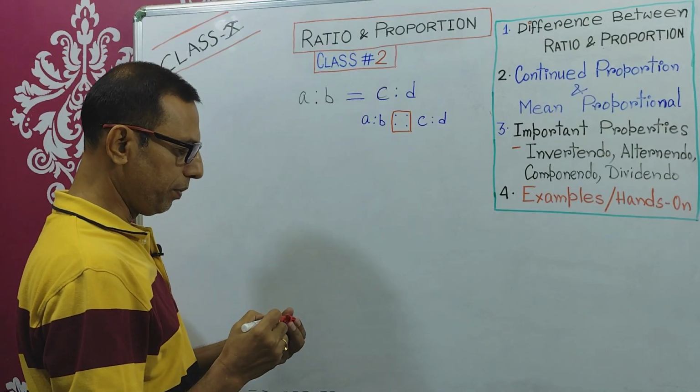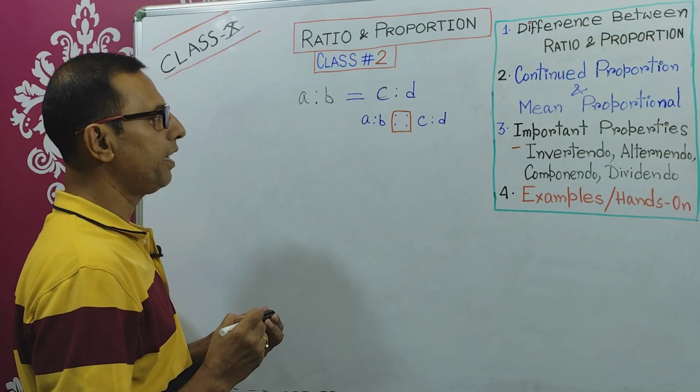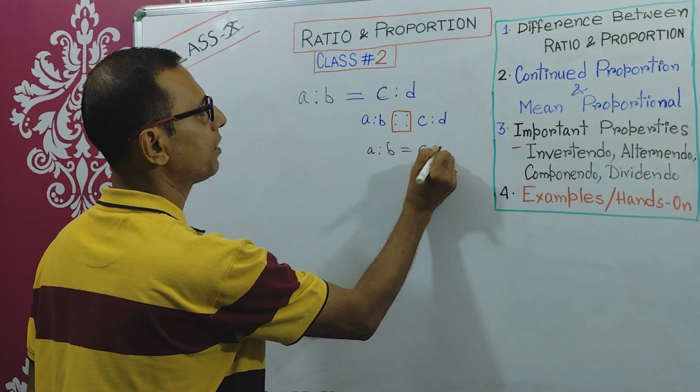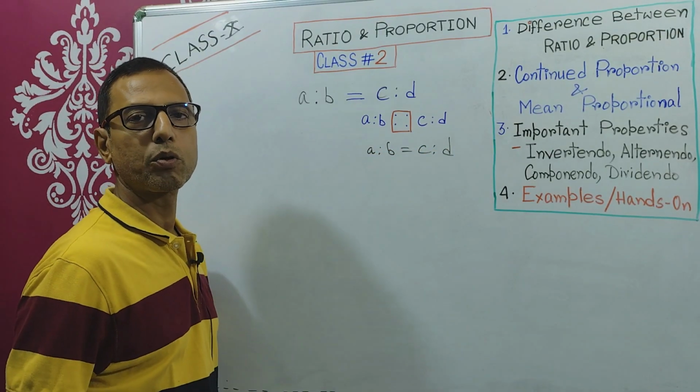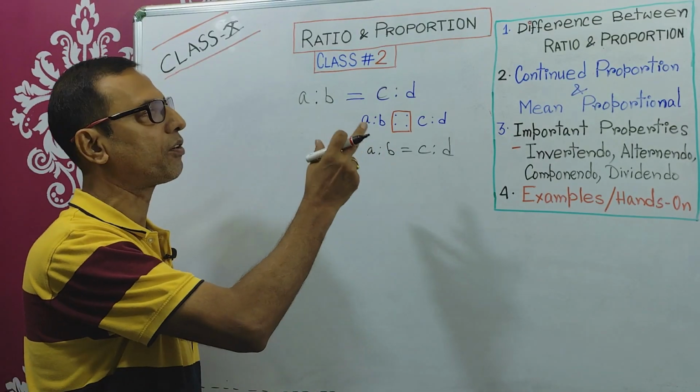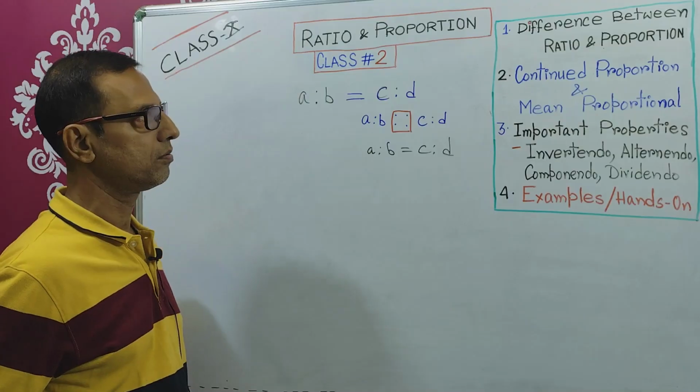So A is to B double colon C is to D means A is to B equals C is to D. This is proportion. The real life example of ratio and proportion I already covered in my first class, right?